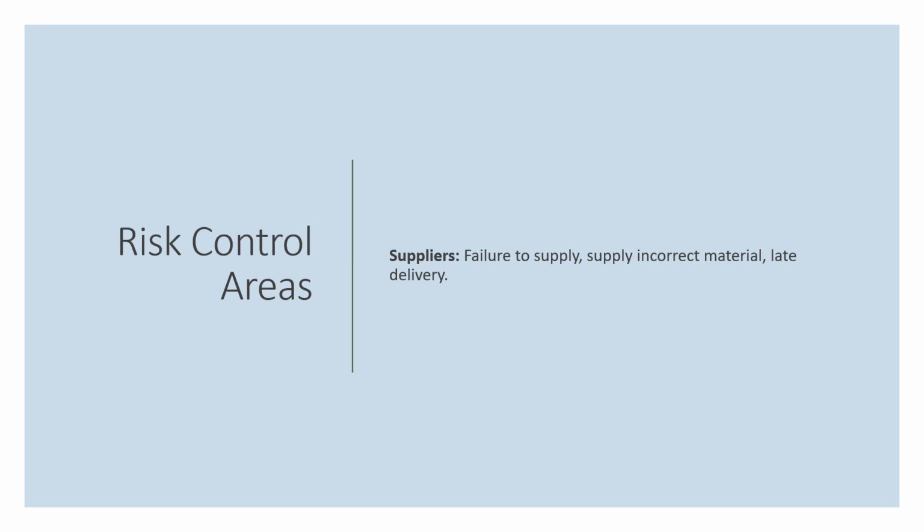Suppliers: failure to supply, supplying incorrect material, or late delivery. Services: a failure of service or inferior service. Electronic data processing: disruption of information flow, breakdown, or fraud.